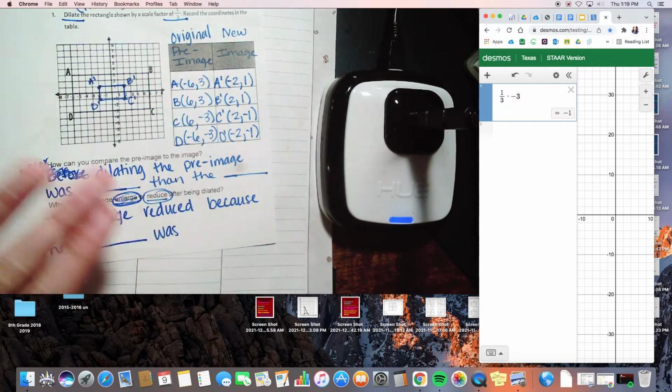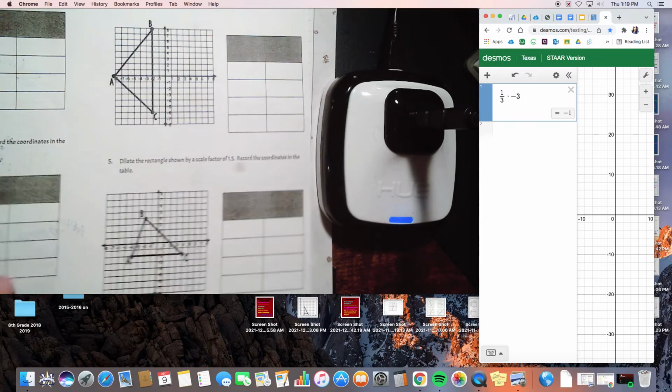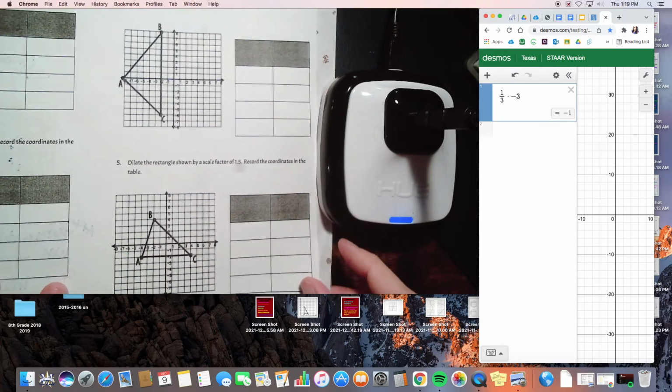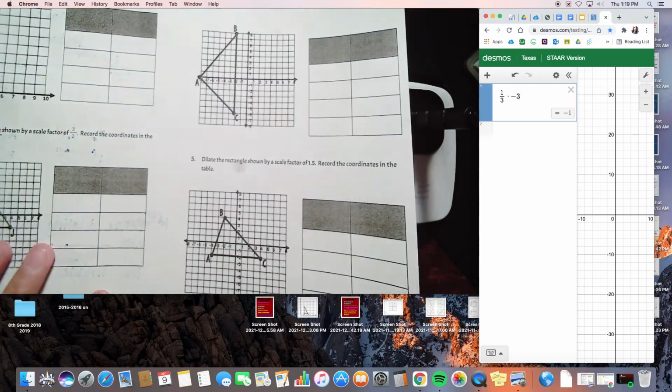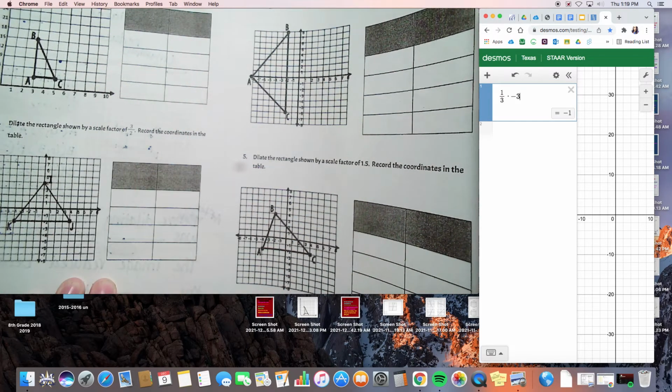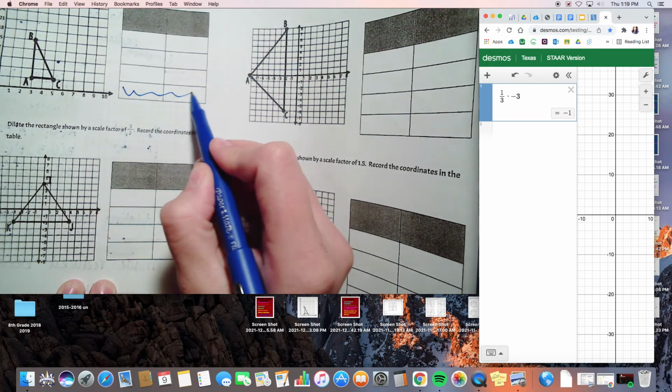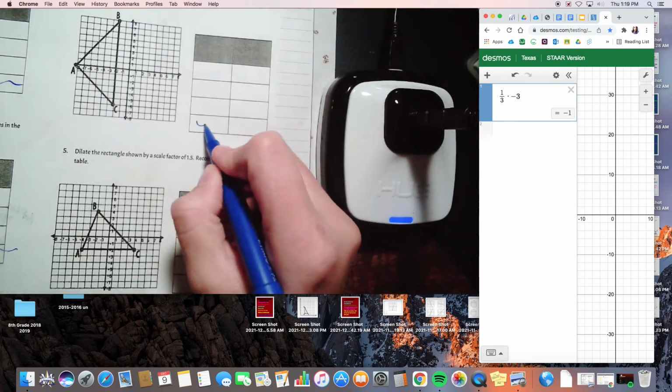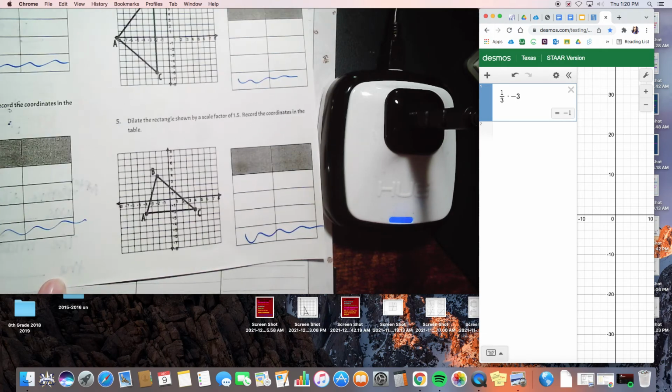Come show me this when you are done, and you are going to go ahead and dilate some more figures on the back and write their new points. I went ahead and changed these to triangles so that you would only have 3 points for each, so there is an extra line here. You just need to ignore that when you are plotting your new points. Let me know if you need any help.